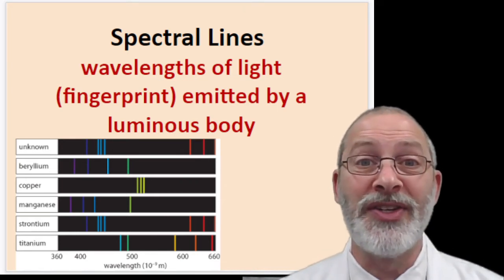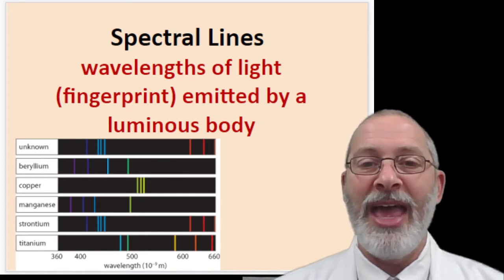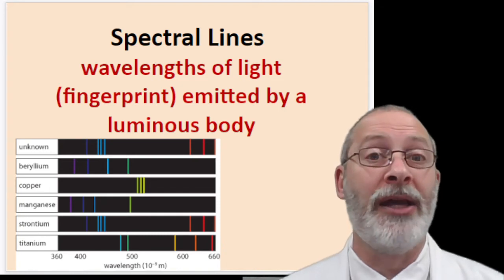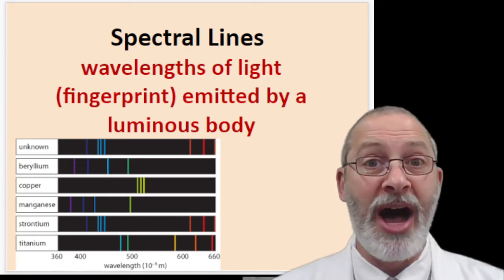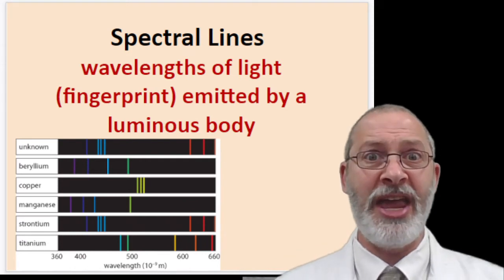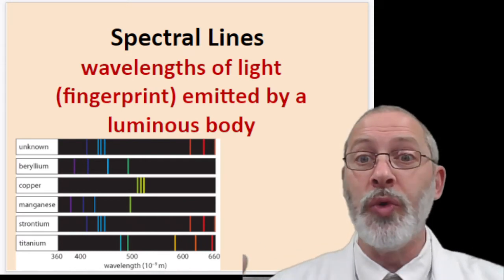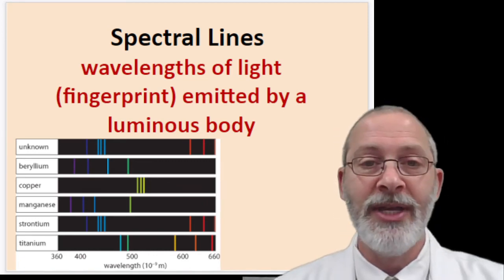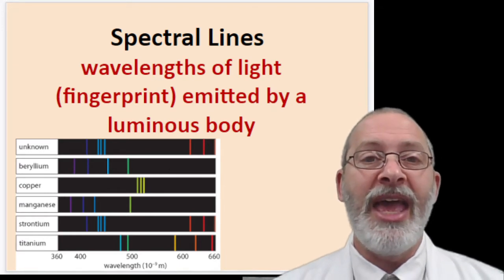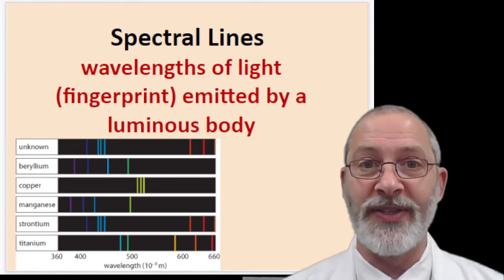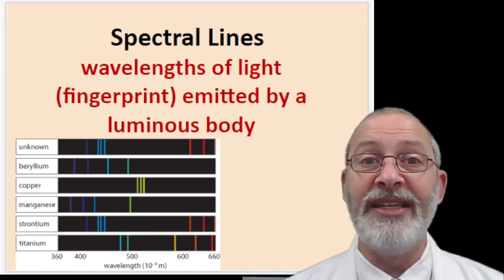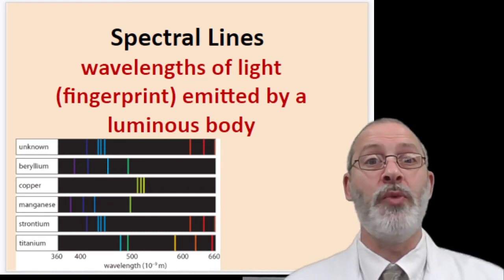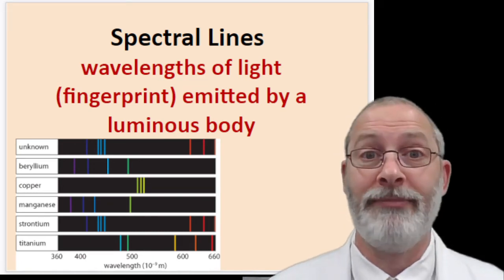As we are going to discover tomorrow in the lab, every element that becomes a luminous body, in other words, if a body like a star has enough energy that it glows, gives off light, that's what a luminous body means, if it's giving off light, every element that is present glows with a different, unique fingerprint. This is something we can do in the laboratory, and we'll do it in the laboratory.